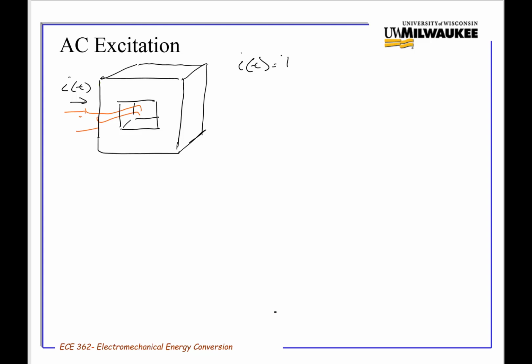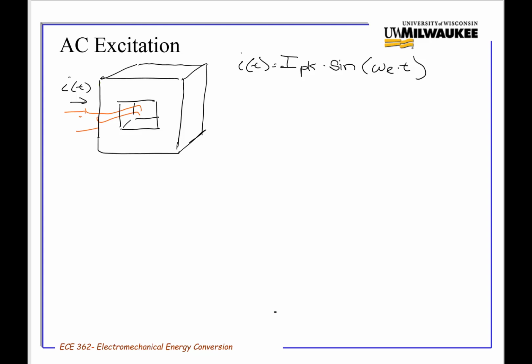It has some peak magnitude, I peak, and I'm going to use the sine term here, and I'm not going to worry about anything like power factor or anything like that. Just going to point out that we have a frequency that is being applied to this system.